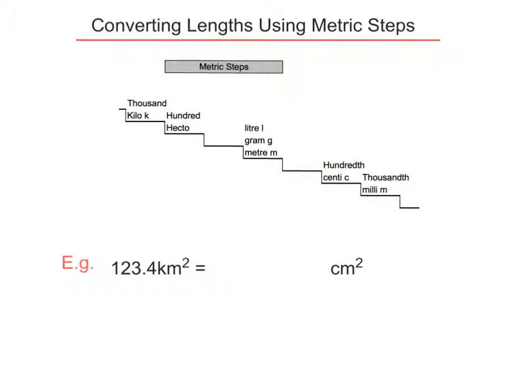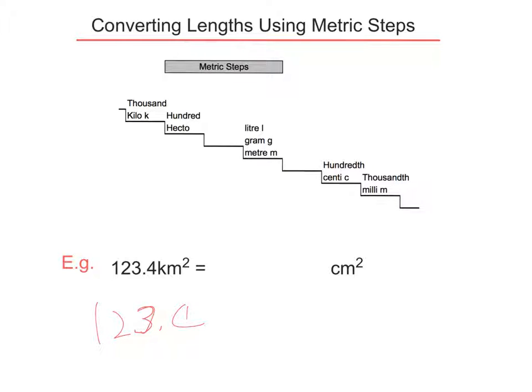In this last example, the change is going to be huge because we're talking about kilometres squared to centimetres squared, and a kilometre squared is a lot bigger than a centimetre squared, a lot bigger. So let's have a look at it again. Starting again, I've got 123.4 kilometres squared.